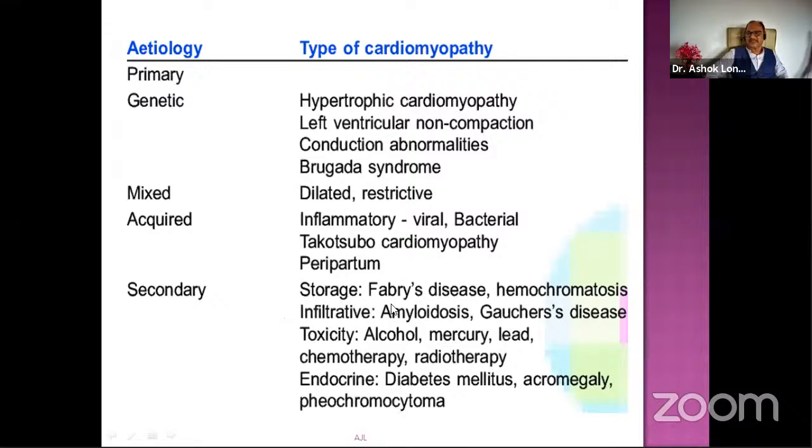Then secondary, such as Fabry's disease and hemochromatosis, where there is more iron, and infiltrative, where there is a lot of protein and fat within the heart walls.